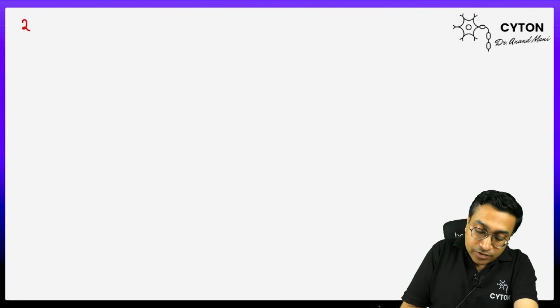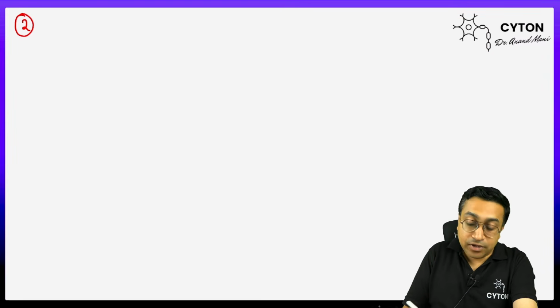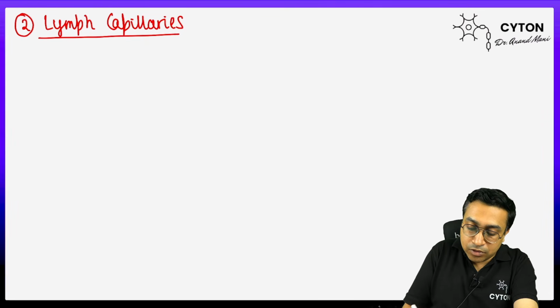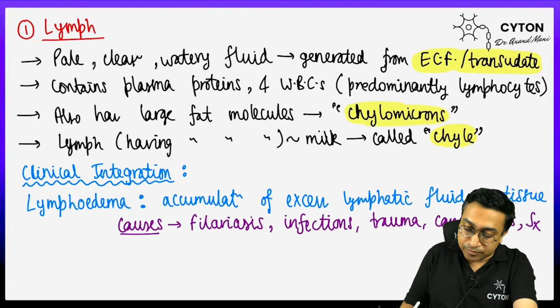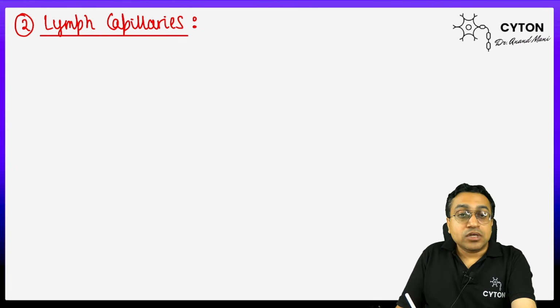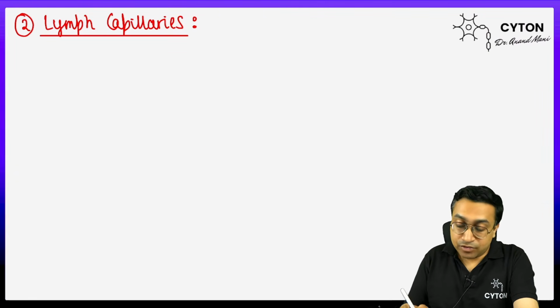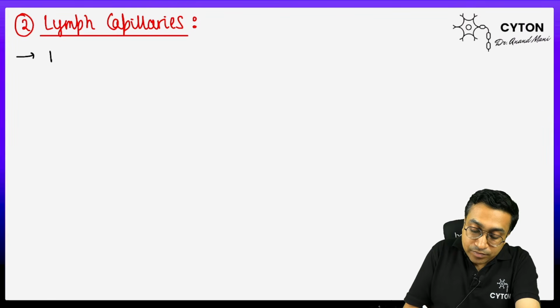Then we discuss the second component, that is the lymph capillaries. These lymph capillaries begin in the tissue as blind ended sacs.